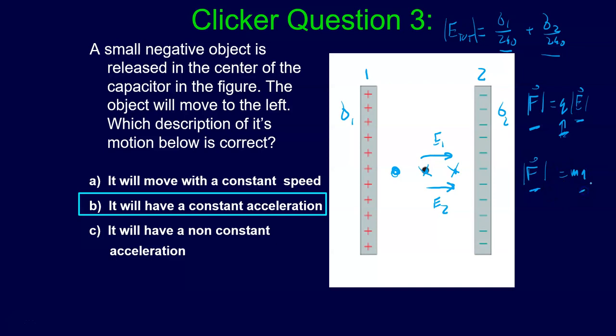So really what we're saying is that inside these two plates, we're going to have a constant electric field, which means a constant force, which leads to constant acceleration for our particle.